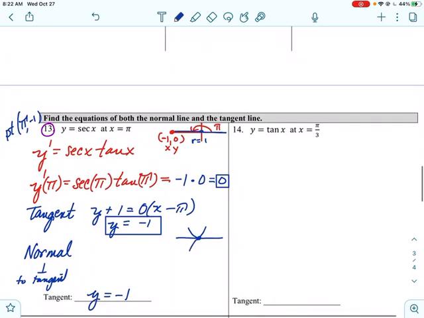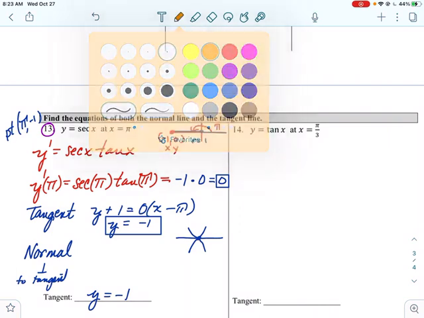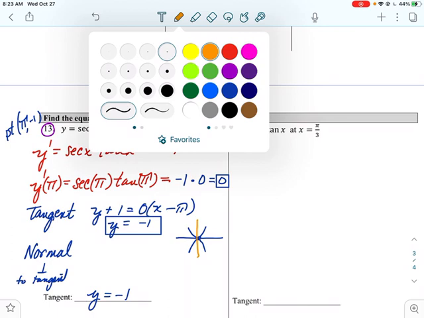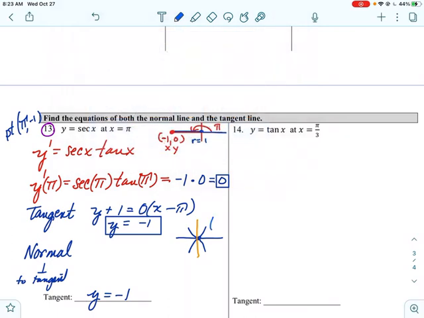Either one of those, whichever it is, if it's tangent at y is equal to negative 1, then it's got to go through the point pi, negative 1, and we already have y is equal to negative 1 being the tangent.